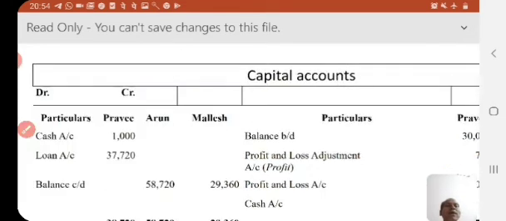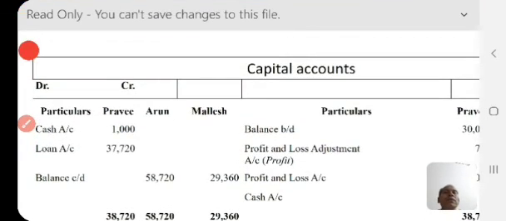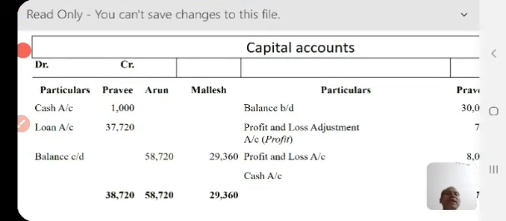And on the debit side, 1,000 cash was paid to Praveen, and the remaining balance transferred to the loan account.